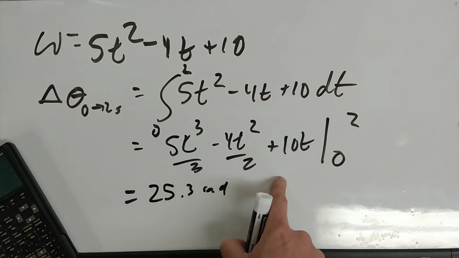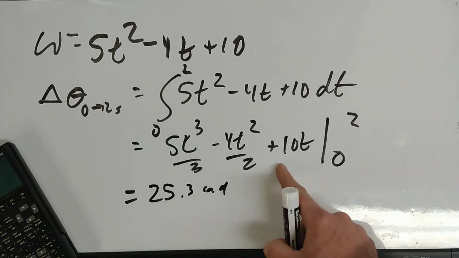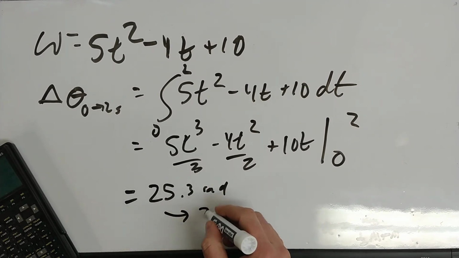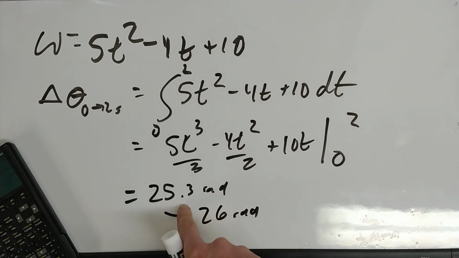Now, I did make a little bit of a mistake on this when I put it in. I put 26 radians. It said which is the closest to, well, 25.3 is definitely closest to 26 radians. I must have made some sort of rounding error when I figured it out. I made it 26, but anyway, that was the answer.